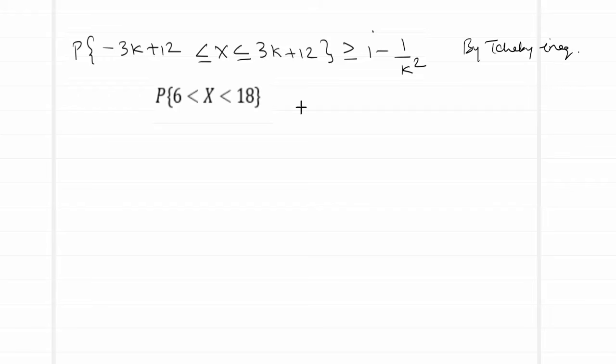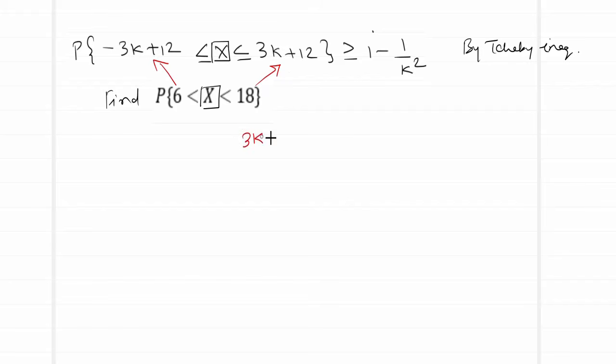Okay, now the question asks us to find probability of 6 less than x less than 18. I have an x here, I have an x here. What does our comparison mean? The left hand side has to be the same and the right hand side has to be the same. Let us compare our right hand side.